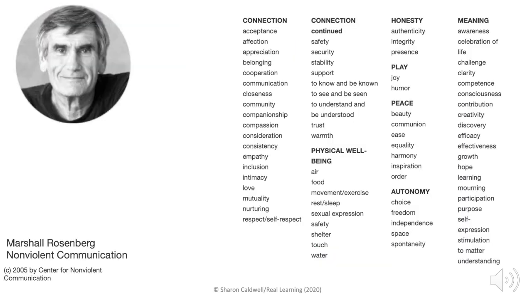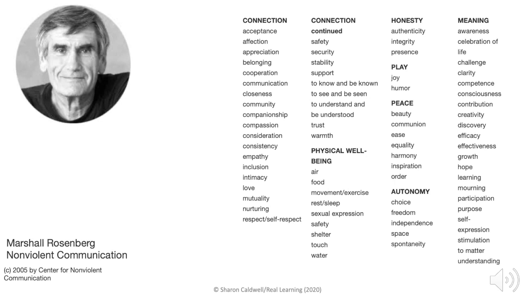A third person who also looks very much at needs is Marshall Rosenberg, who was the originator of an idea called nonviolent communication. And I've listed here some of the needs that Marshall Rosenberg identified. And he divided them into different groupings, as you can see here. Again, some overlap with Max Neef, some overlap with Maslow, and some overlap with Montessori.